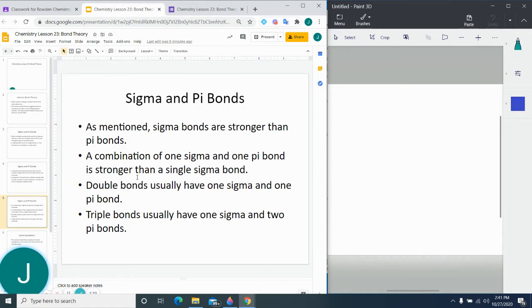A double bond is stronger than a single bond: a single bond is one sigma, a double bond is one sigma and one pi, and a triple is one sigma and two pi's. You don't double or triple the strength just because that first connection is a sigma, which is the strongest, but your strength does go up a little bit as you go from double to triple bonds.